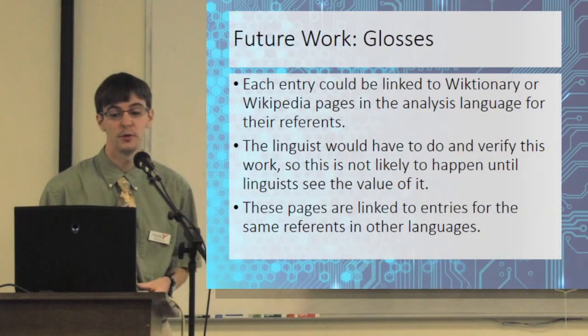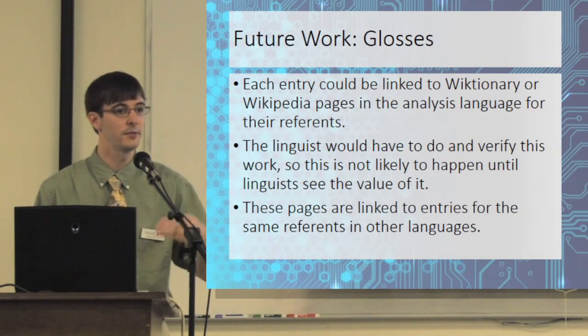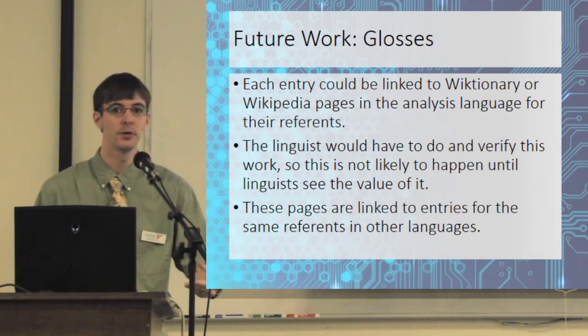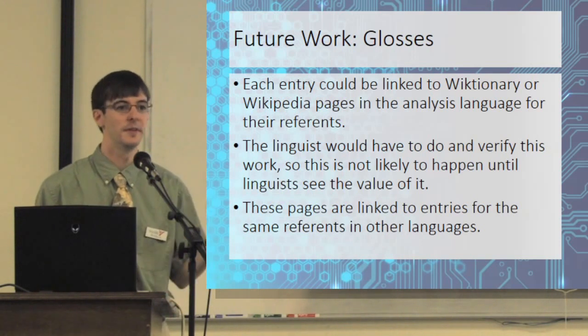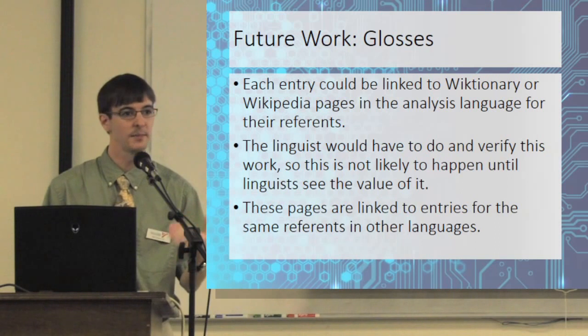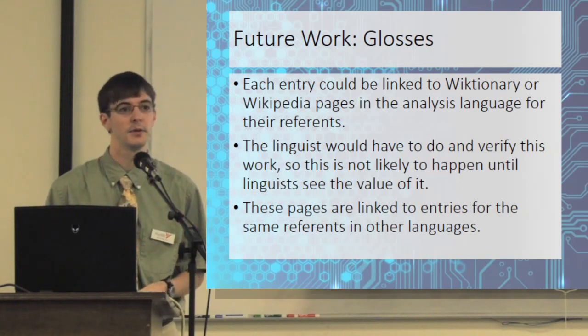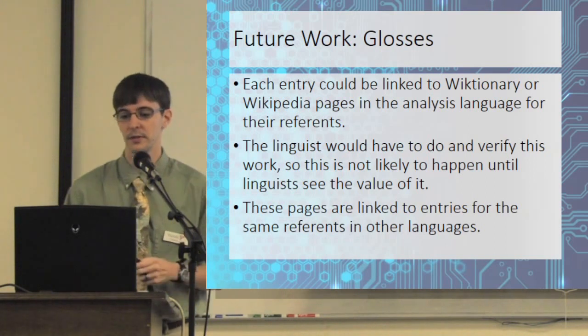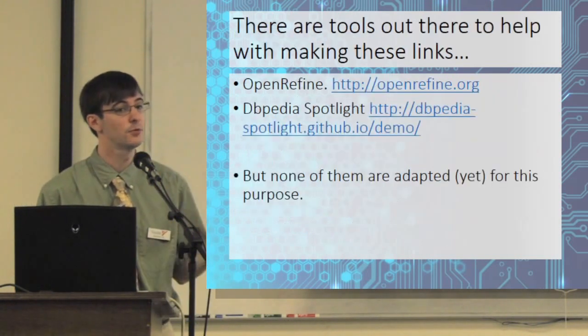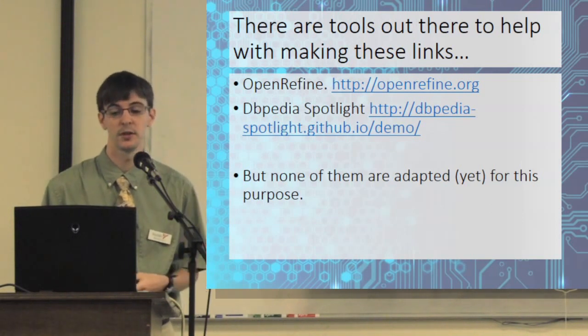So as I mentioned before, it would be nice to be able to link every specific entry to a URI, to something out in the real world to say that's what I'm talking about. But that's something that the user would have to do, and they would have to control it. It could be semi-automated, but they would still have to verify, I really do mean that thing, because it won't be able to guess 100%. There are tools for doing that sort of work.